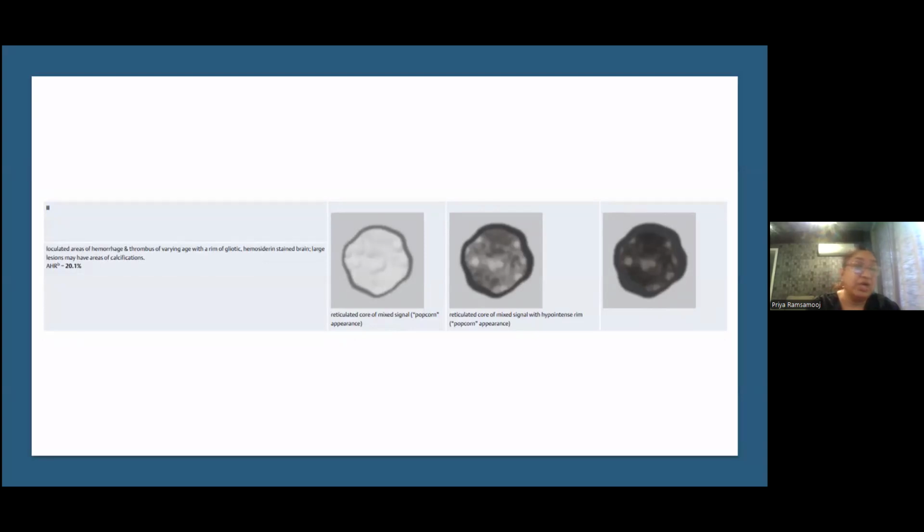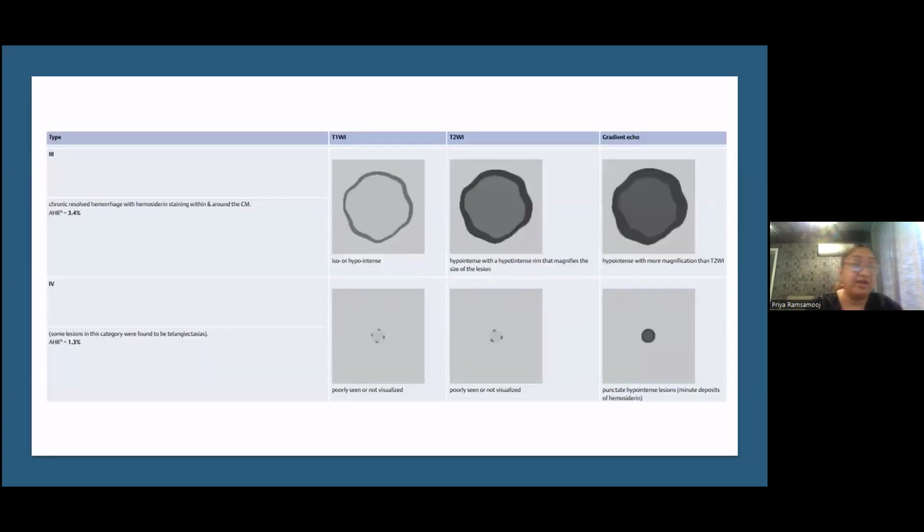Then grade 2, you see these loculated areas, particularly on T2 weighted imaging here. You can see that gliotic hemosiderin staining, right? And this with areas of calcifications. And this is what they actually call on MRI your popcorn appearance, all right? So I want you to appreciate that, okay? And then grade 3 and 4.